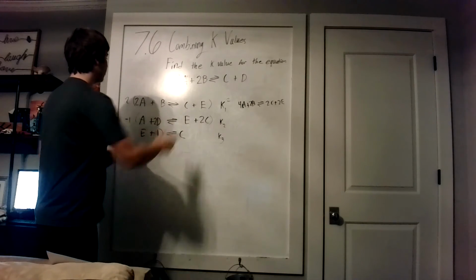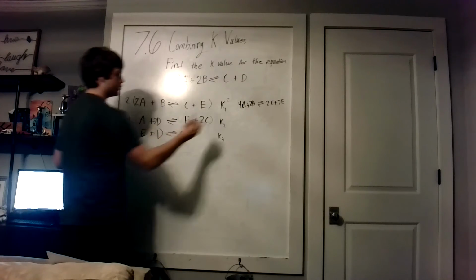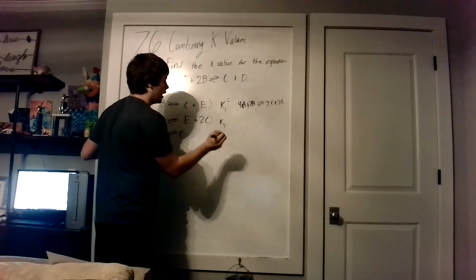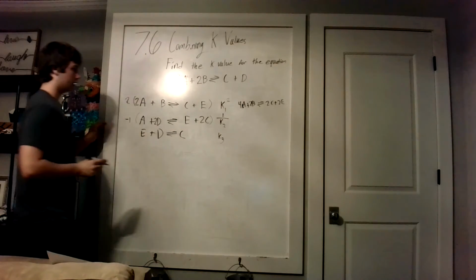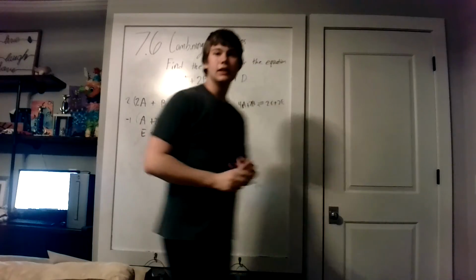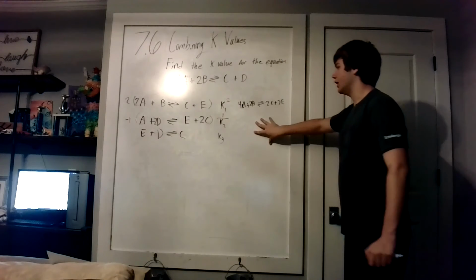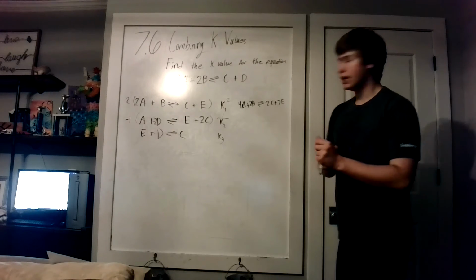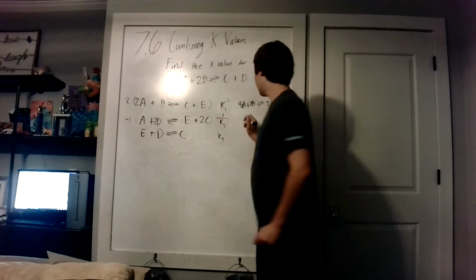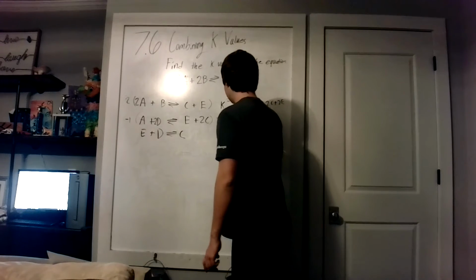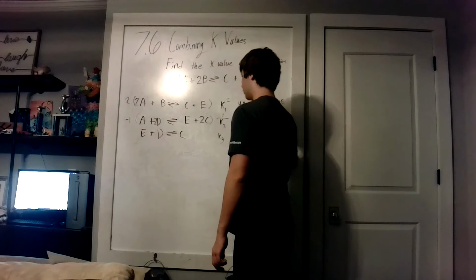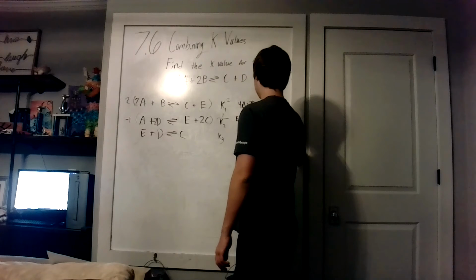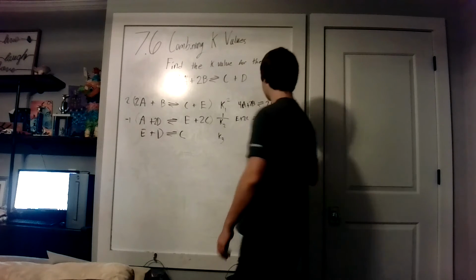And just like what we did up here, we're going to raise k2 to the negative first power, or 1 over k2. So we're taking the inverse of that to signify us reversing the reaction. So now we're going to have e plus 2c yields a plus 2d.